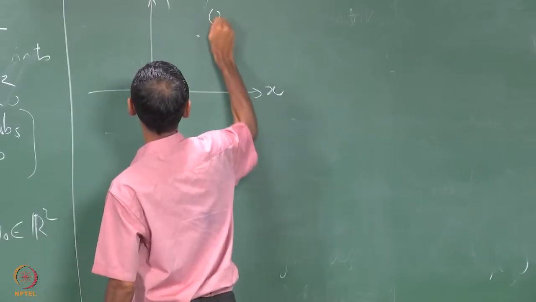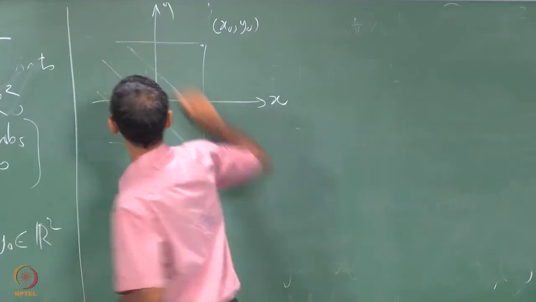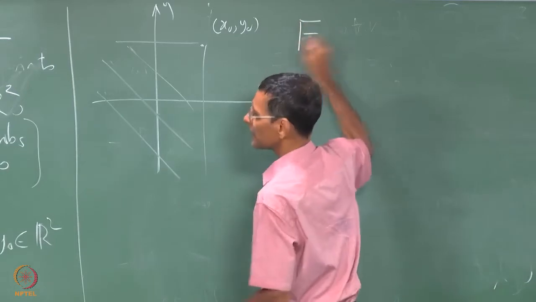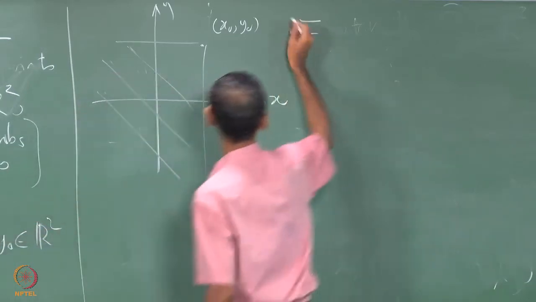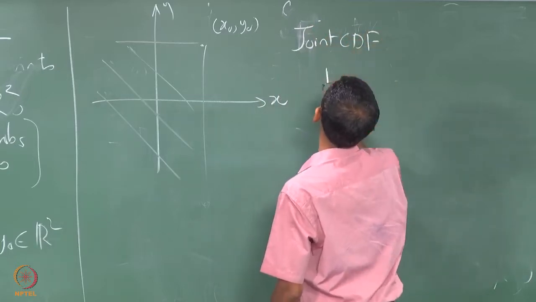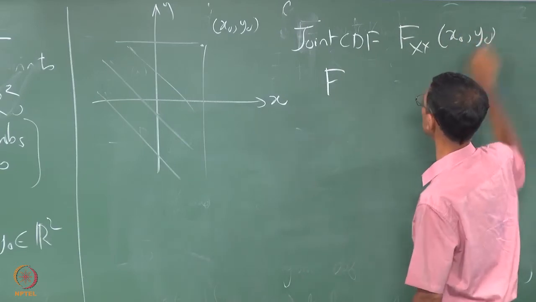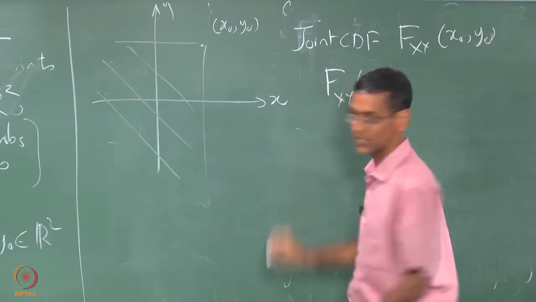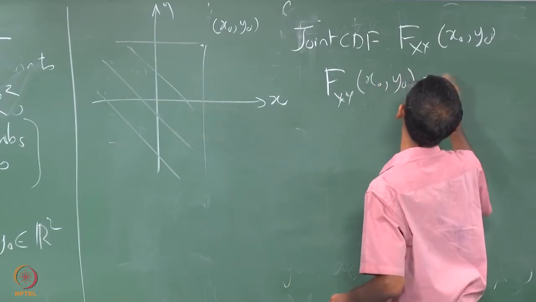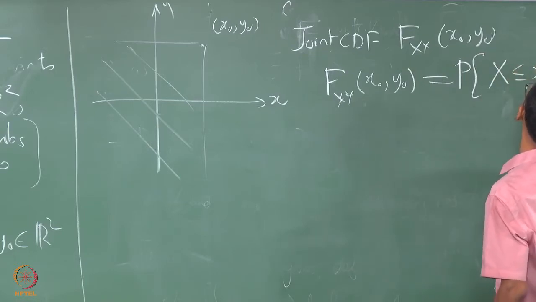If I pick some point x naught, y naught here, without any regard to capital omega, I just consider this region and say that this, capital F_XY, the joint CDF, F_XY(x naught, y naught), again using random variable notation here, not set notation, is the probability of that event with AND.